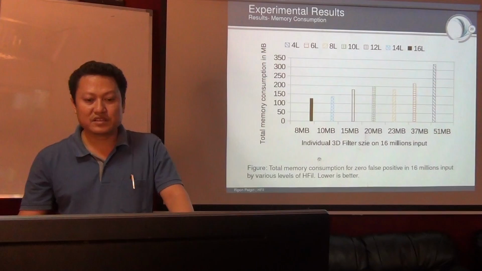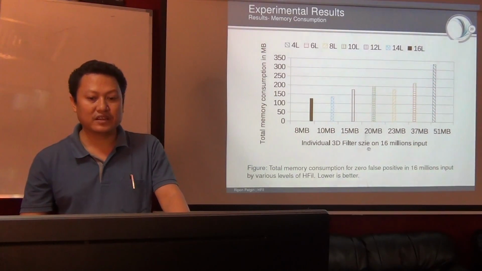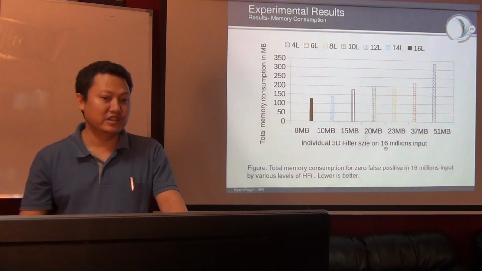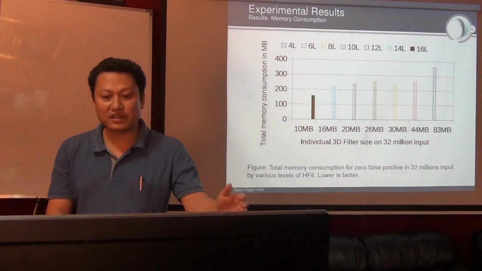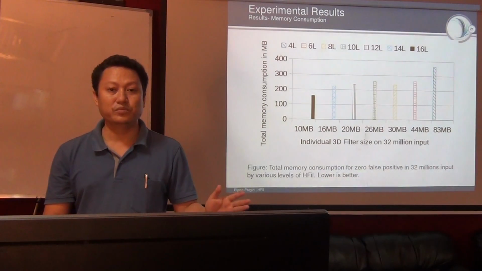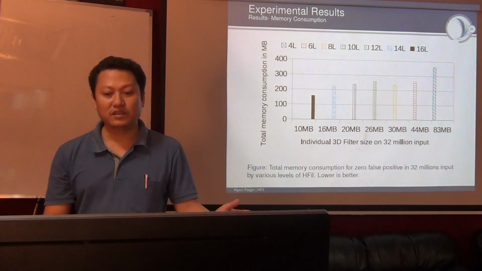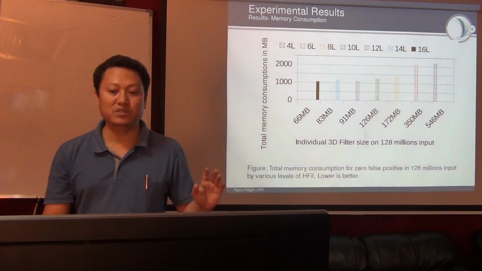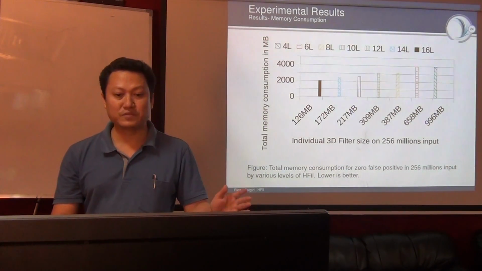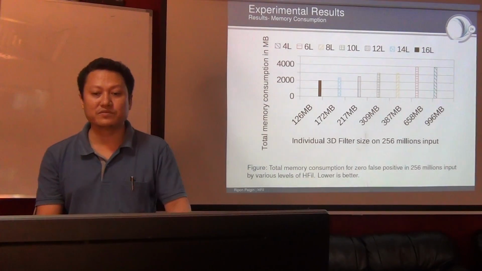Similarly, this is the individual 3D Bloom filter for 16 million input, and the highest is 16L, the lowest is 4L. And similarly, this is for 32 million input, this is for 64 million input, and this is for 128 million input and 256 million input for memory consumption measurement.